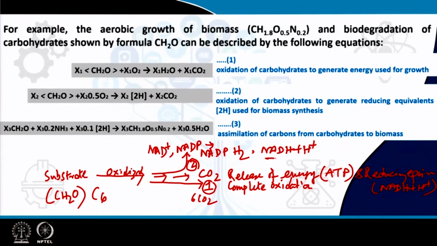These NADH plus H plus can donate the electrons to membrane carriers or membrane transporters and facilitate transport of ions and create the proton motive force and facilitate other reactions, whereas the NADPH2 can donate the electrons to the biosynthetic reactions.